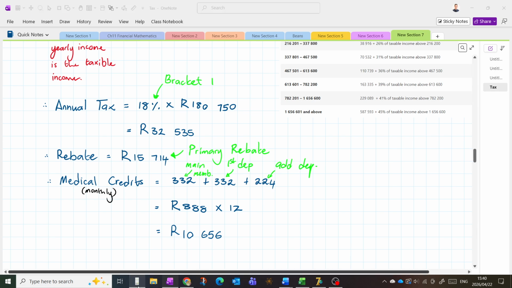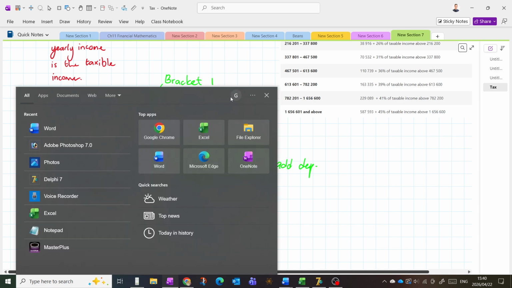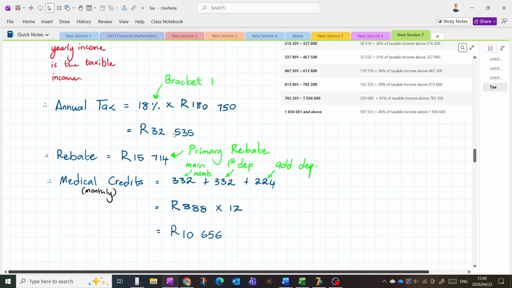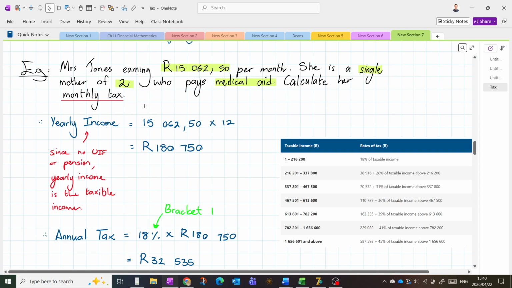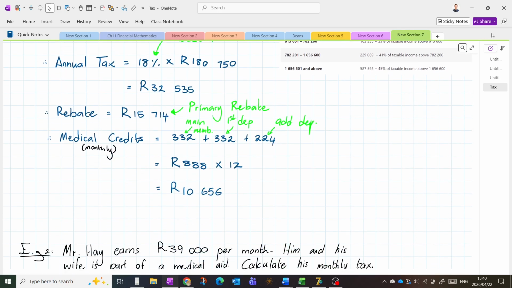10,656 Rand. Yes. Okay. Now we can actually work out her total annual tax, because we know how much tax she has to pay. We know the rebate she's getting. We know the medical aid credit she's getting back, and there's nothing else that we have to worry about here.